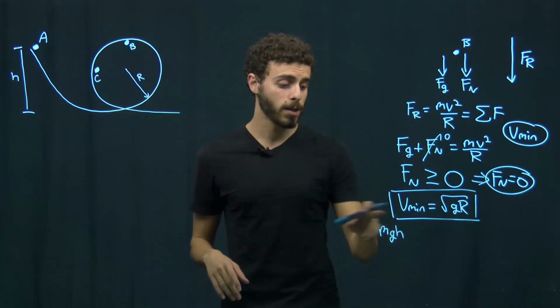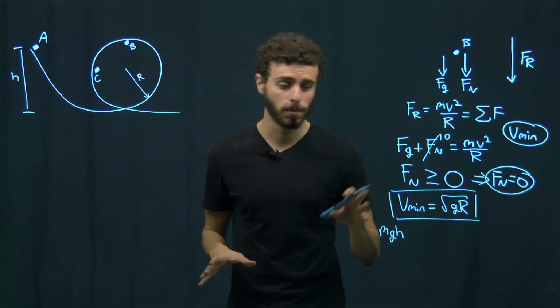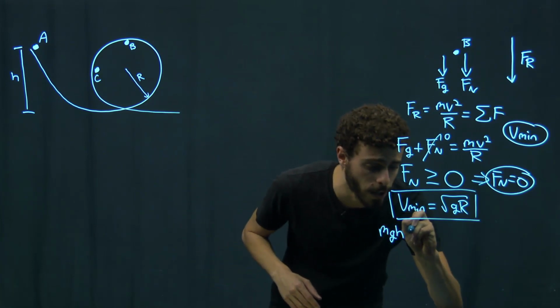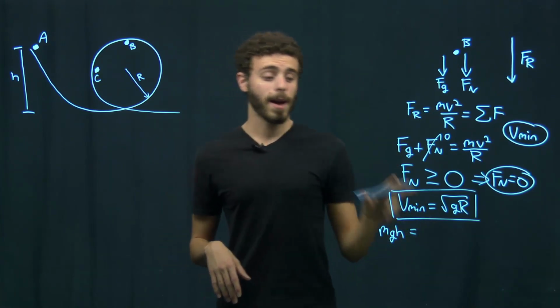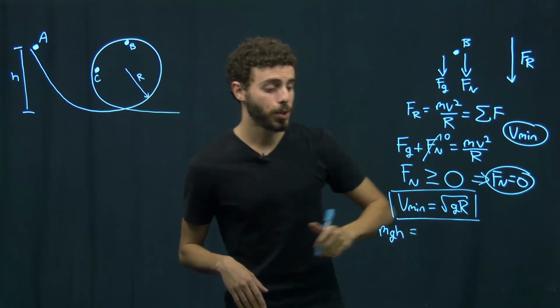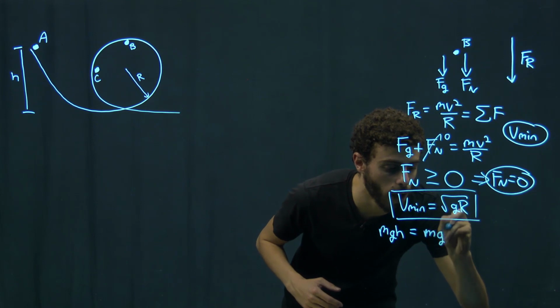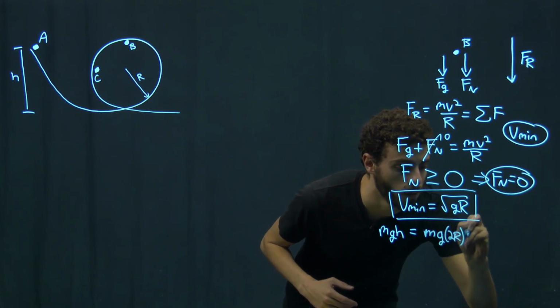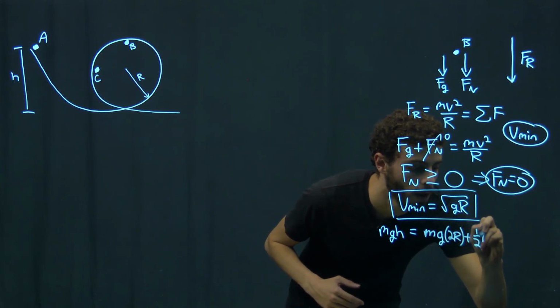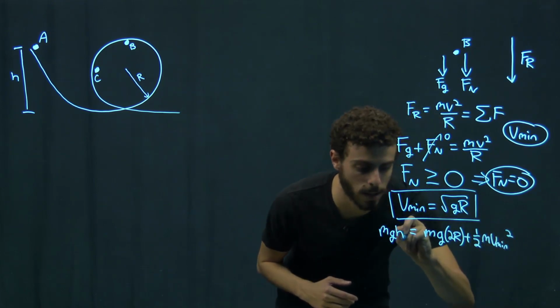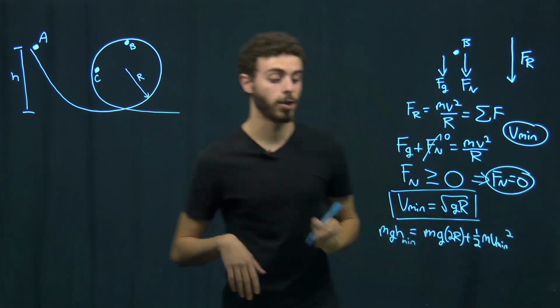It starts from rest, so the total mechanical energy initially is just mgh. And that must be equal to our final mechanical energy, which will be mg2r plus 1/2 mv min squared. This will solve for h min.